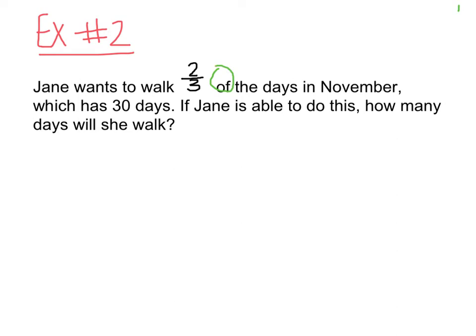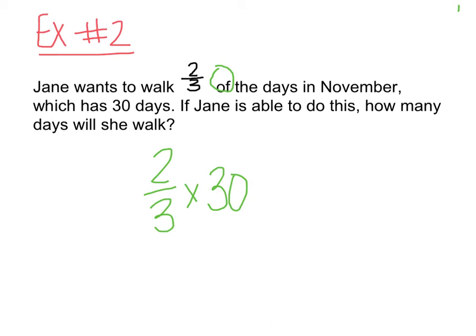The word of always tells me to multiply. That's very, very important. So, if you're going to forget that, write that down. So I know that I'm multiplying 2/3 times 30 because she's going to walk 2/3 of the 30 days in November.